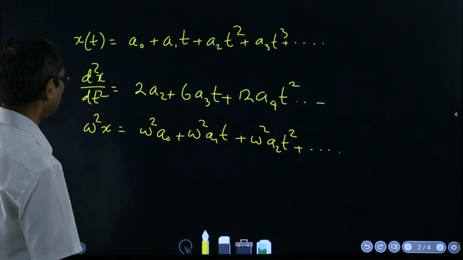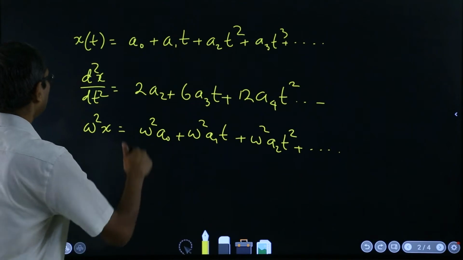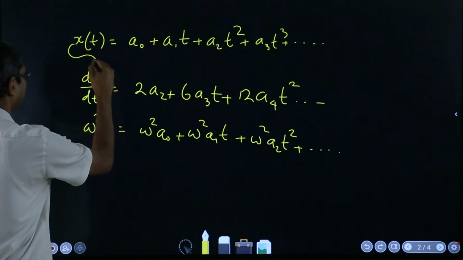So these are the two things which I have substituted here, nothing else.